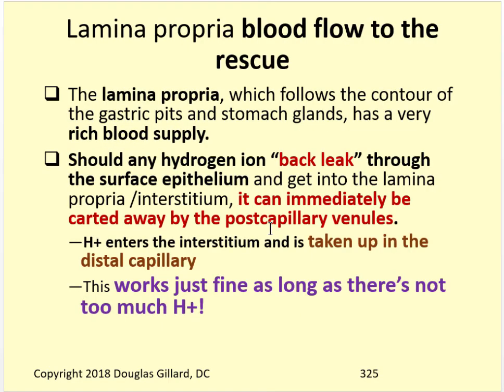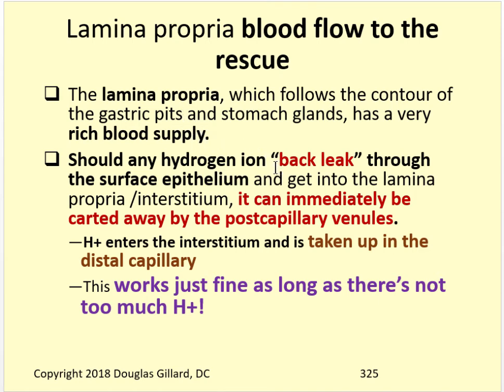Let's see. Another protective mechanism is the lamina propria itself. It has blood vessels. It has capillaries in it. So the lamina propria follows the contour of the gastric pits.